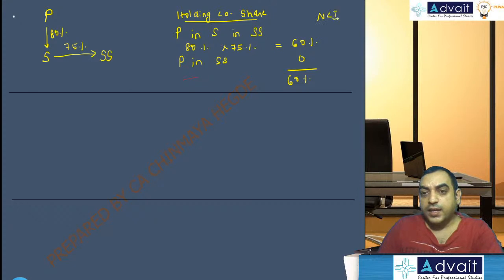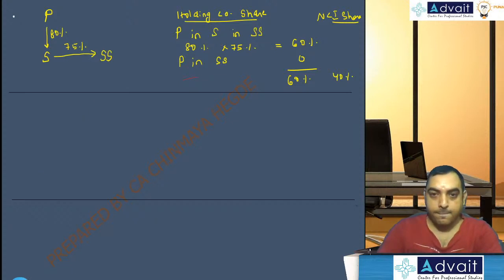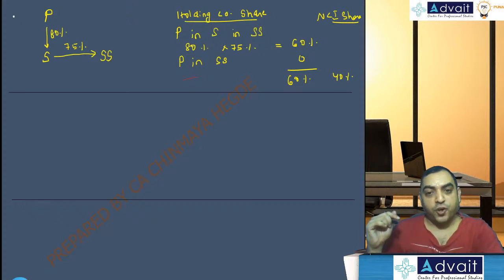Obviously the remaining NCI share will be 40%. So 60% and 40%.